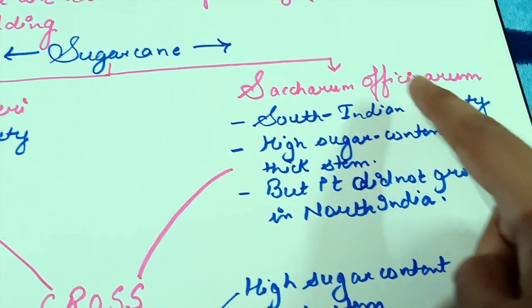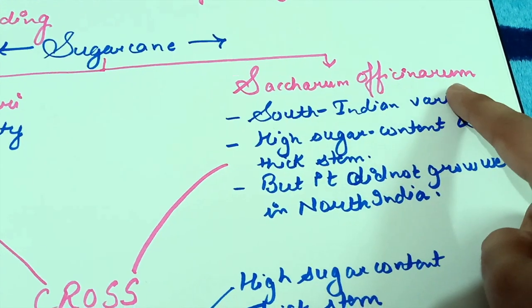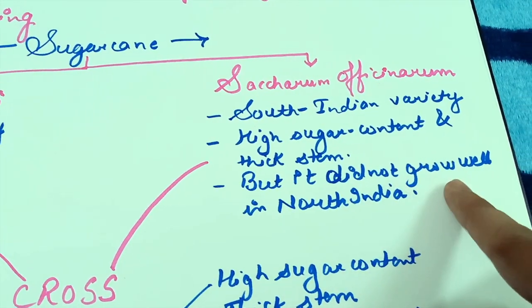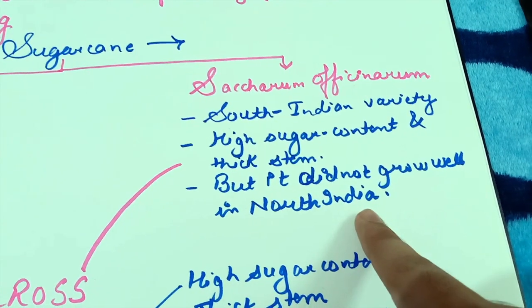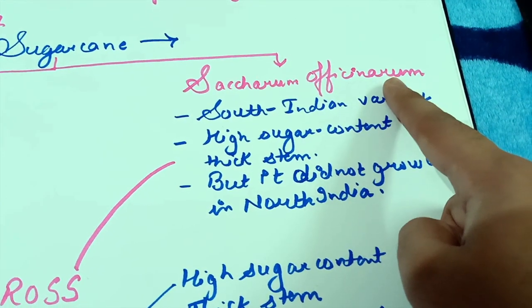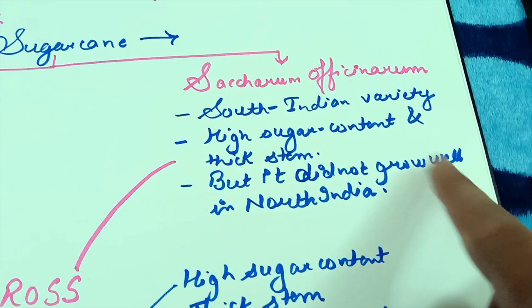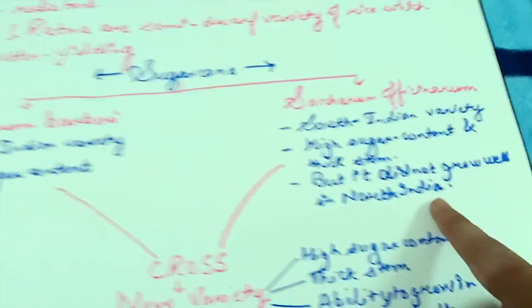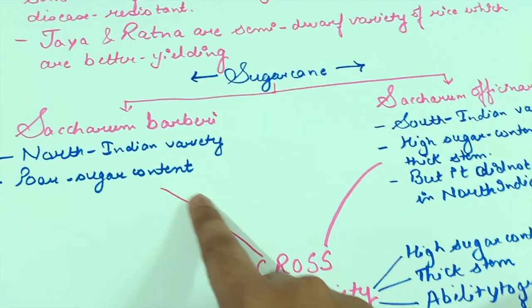But the problem with Saccharum officinarum was that it did not grow well in North India. So what we did is we crossed the two varieties.